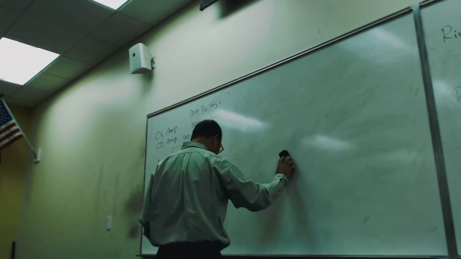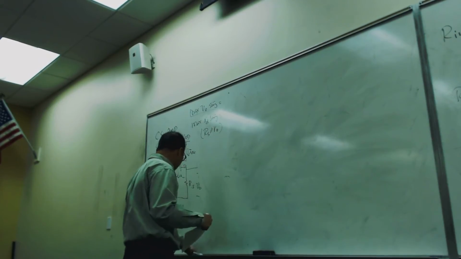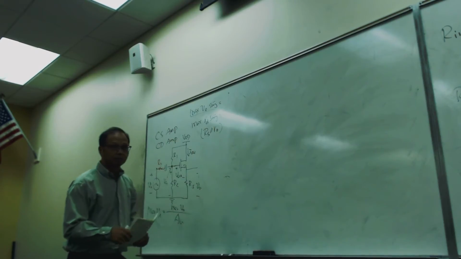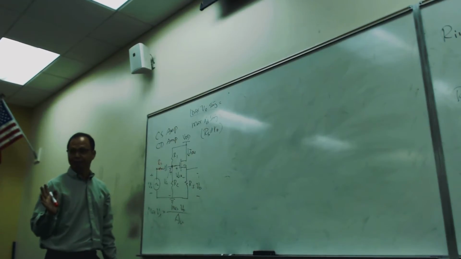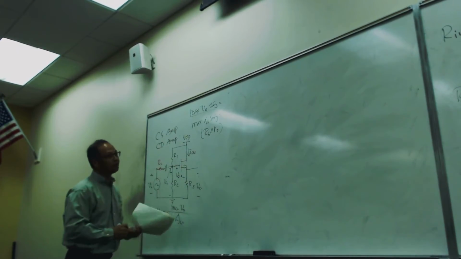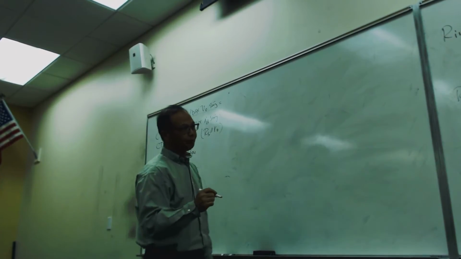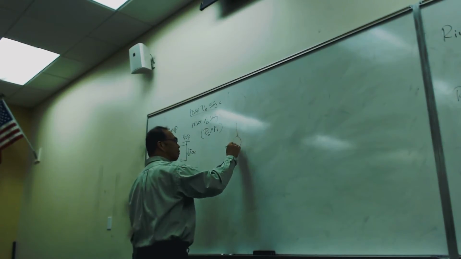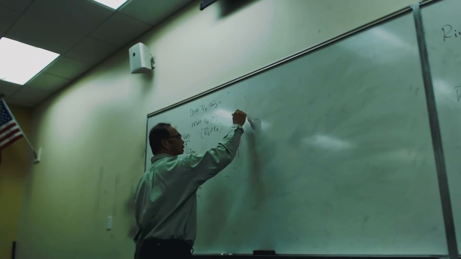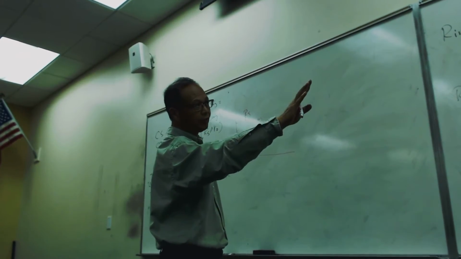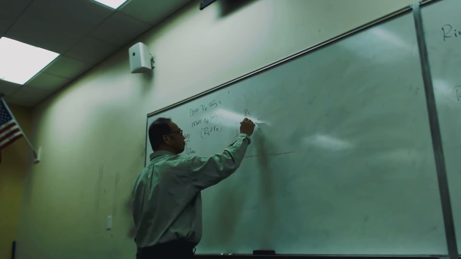I'm going to use the red color because I have modified the circuit. Now, the DC analysis has no change, because under the DC condition this is open, so it doesn't matter. For the AC condition, the circuit becomes R sub S, and the rest of the circuit is the same.